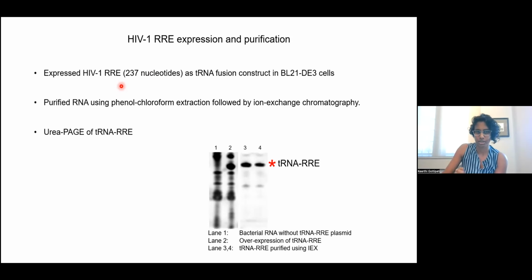So we used that and created a tRNA fusion construct, expressed this in BL21 cells. Again, just a regular phenol chloroform extraction, and then we get a clean prep of the RRE. So this is showing you the rest of the cellular RNA that are extracted, and then the clean RRE prep that comes out at the end.